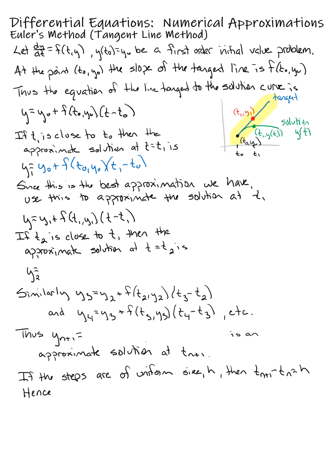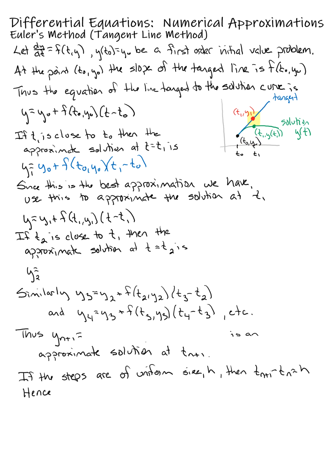Now, as long as t1 is close to t naught, I can come up with an approximation. So simply take my t1 value and put it into the equation for my tangent line, and that will give me this solution there. That's my approximation for the y value.